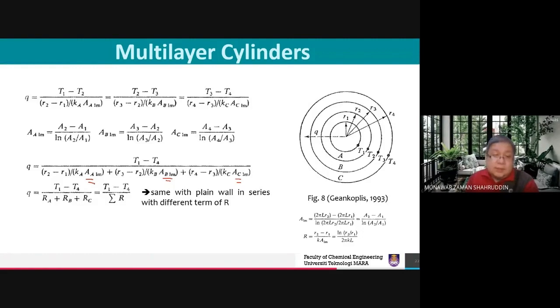So of course the thickness will play the role, and then you will have each and every layer with a different A. That A is basically the A log mean. It's not A biasa, so you have to be very careful with that.